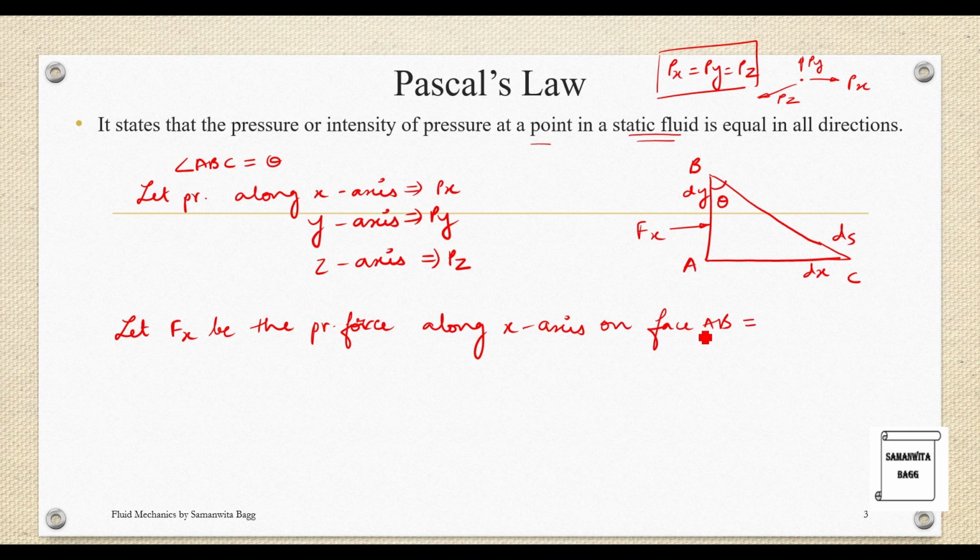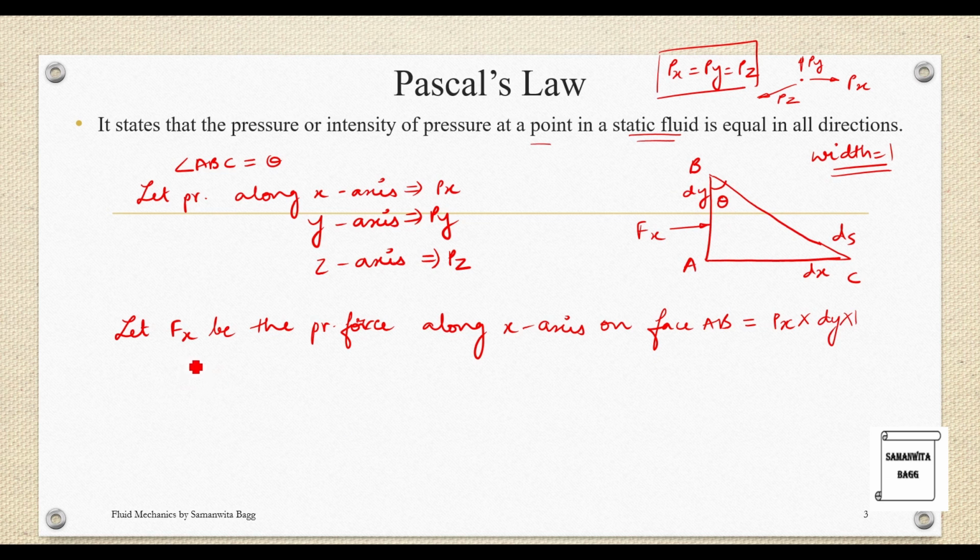Now when I write this in terms of pressure, on AB, it is along x-axis, pressure is Px into the area. We know force acts perpendicular on this area, that's how pressure is generated. So for area, this dy is one length and we consider the width of this wedge shaped element as unity. So the area is dy into 1.